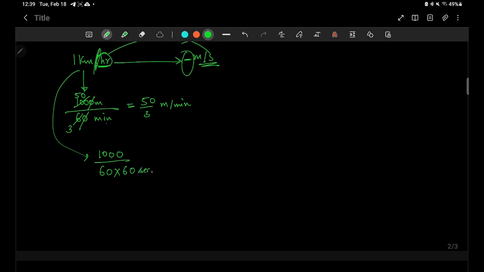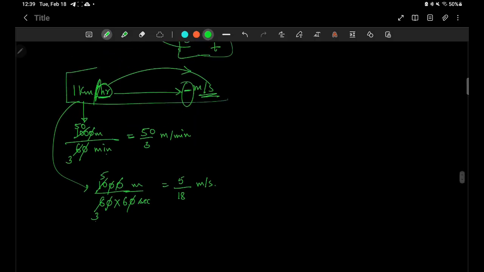So this is seconds, this is meters, top numerator. So how much is it? 2 3s are 6, 2 5s are 10. So 5 divided by 3 into 6 is 18. So this is meter per second. So 1 kilometer per hour in meter per second is how much? 5 by 18.